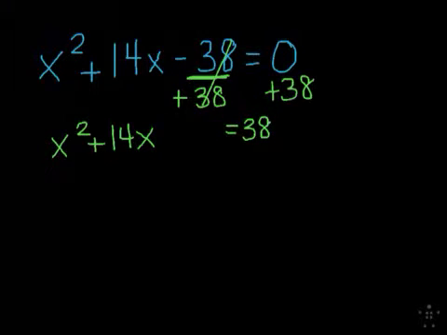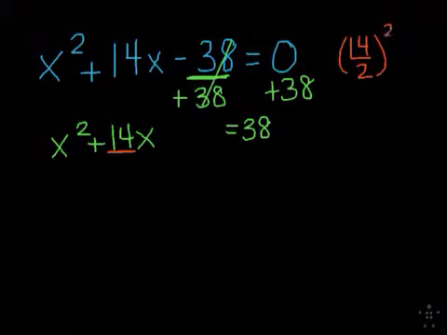Alright, so we're completing the square. Because we moved that c value, we have to come up with a new one. So this is how we do it. We're going to take half of b, our middle term here, we're going to take half of that number. So 14 divided by 2. Then we're going to square it. So 14 divided by 2 is 7. 7 squared is 49.